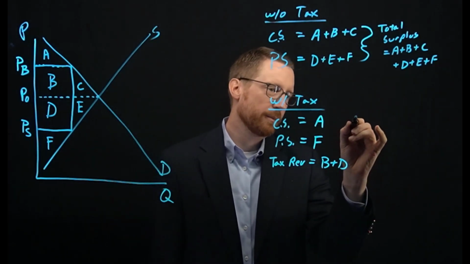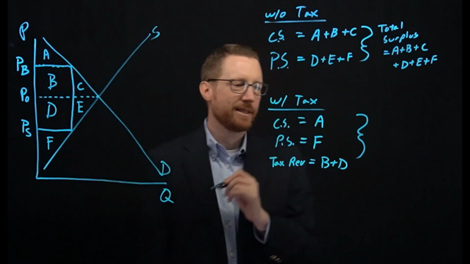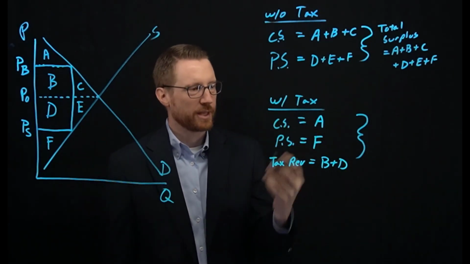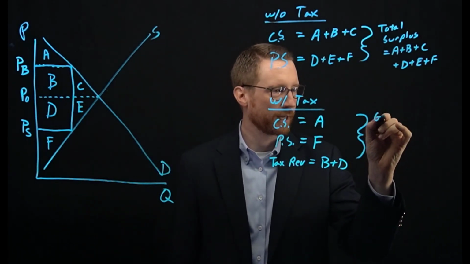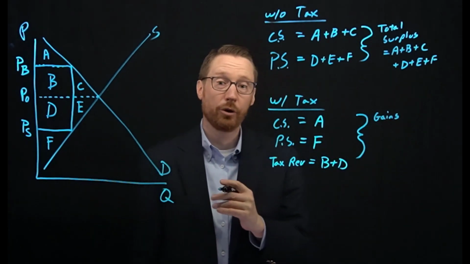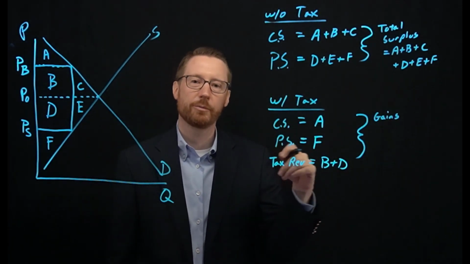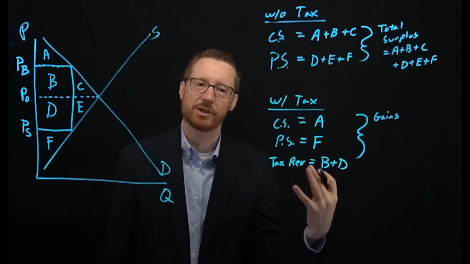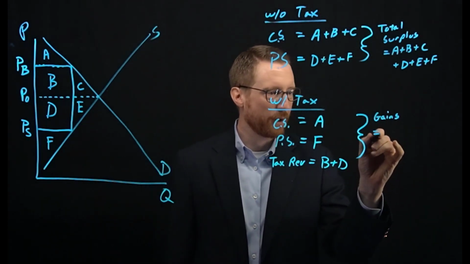So what's our sort of gains from trade with the tax? Right? So our gains, including producer surplus, consumer surplus, and the government's gains, their tax revenues. What does that work out to be?